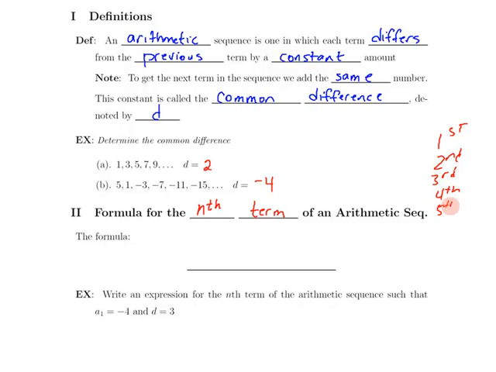Fourth, fifth, sixth, and so on. So if I'm going to talk about, once I get to an arbitrary place in the list that I want to describe as n, I'm going to call it the nth term. That's what I mean by this. Now, that said, the formula for that on an arithmetic sequence is always the same. The a sub n is the first term, a sub 1, plus n minus 1 times d.